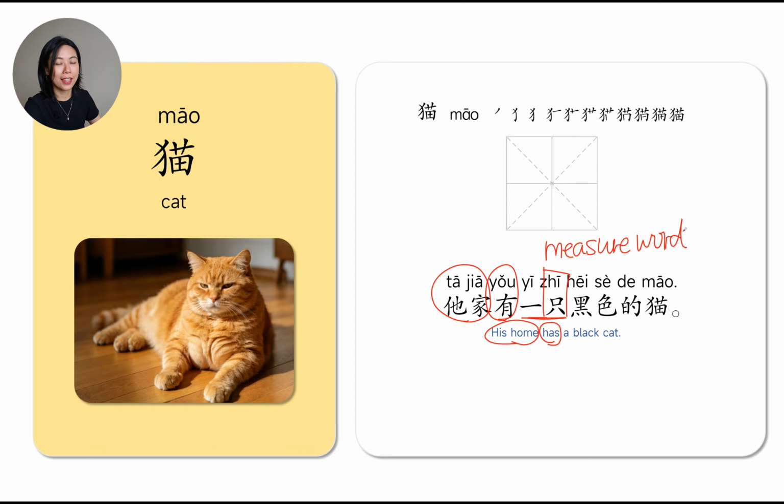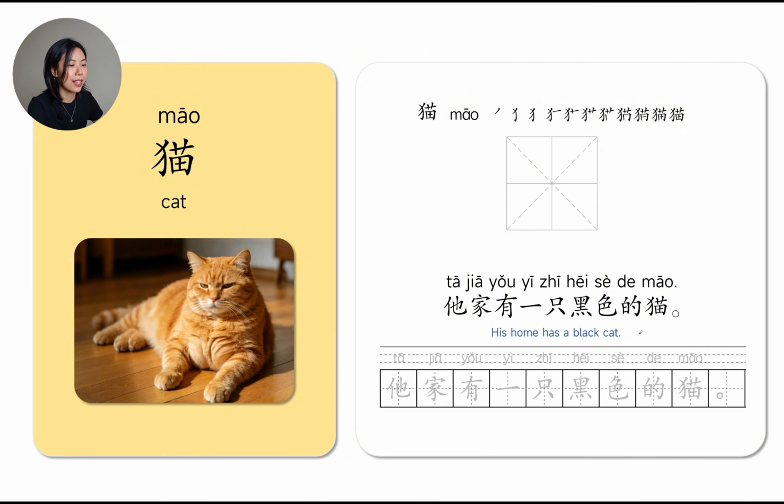So you can say 一只猫 or you can say 一只狗, and then 黑色的 black color, 猫 cat, 黑色的猫 black cat. So all together 他家有一只黑色的猫。很好。下一个 next one.